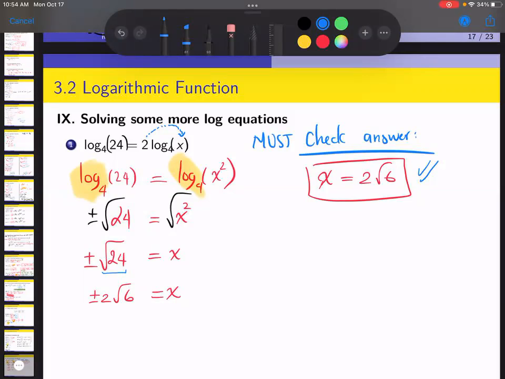Now sometimes a negative number works. It depends. For example, don't write this down.